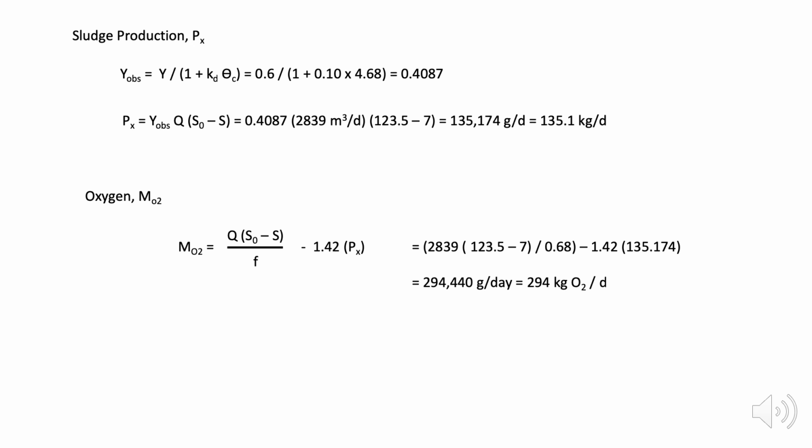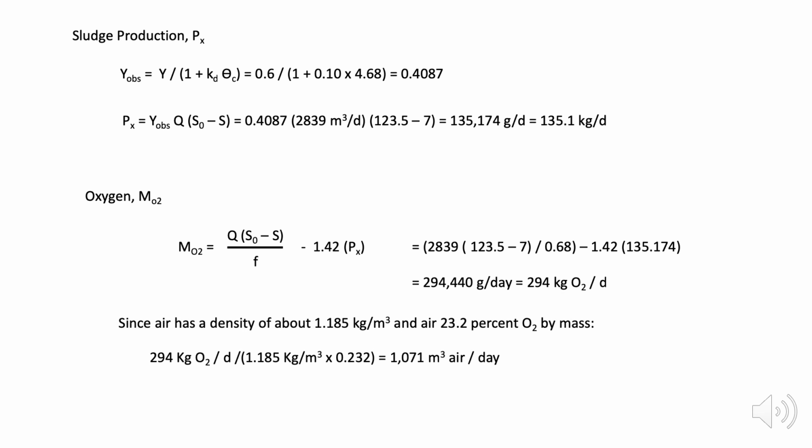Okay? Now, where's that oxygen going to come from? We're not going to put elemental oxygen in the system or pure oxygen. We're going to just take atmospheric air and bubble it into the system. So I know that air has a density of about 1.185 kilograms per cubic meter, and that there's about 23.2% oxygen by mass in atmospheric air.